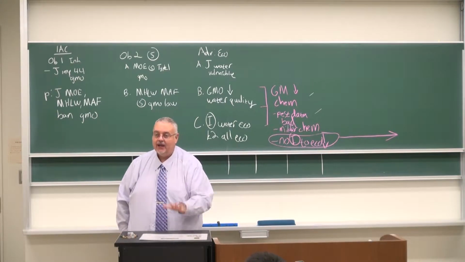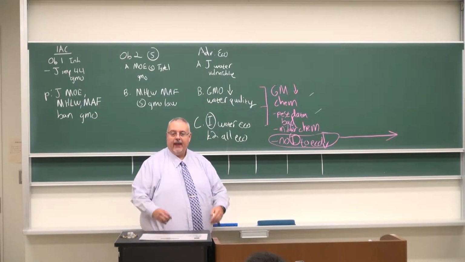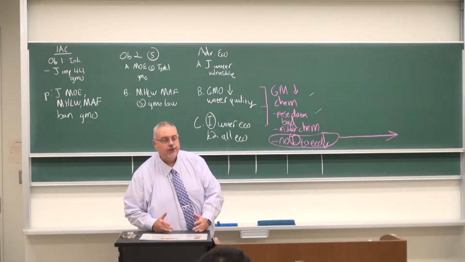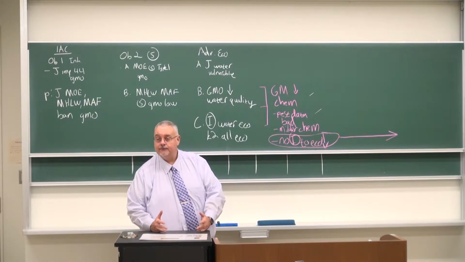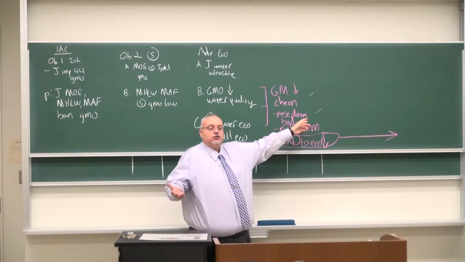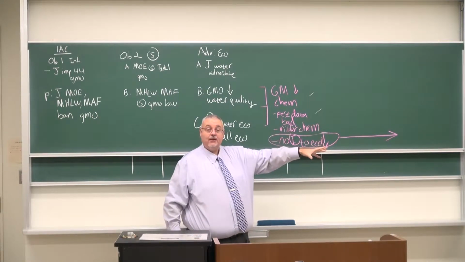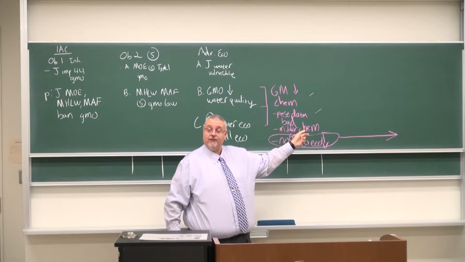Explain why this matters. Ask yourself the question, so what? Who cares? If pesticide data is flawed, so what? Who cares? Well, Jake explained why. It means you can't trust the affirmative.